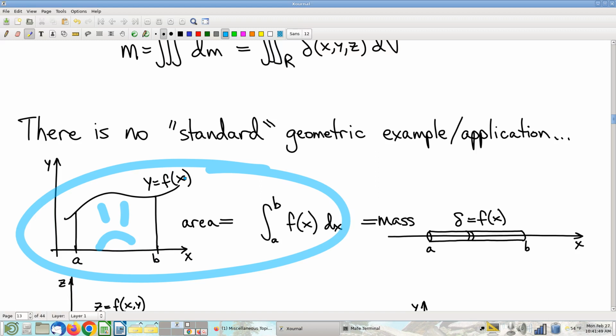It is geometrically satisfying. A lot of good things you can say about the area under a curve metaphor for single variable integrals. I like it in that sense. I do think it's overappreciated. It's to the point that it's kind of a crutch, and students think that fundamentally what an integral is is area under a curve, and that is not true. That is not fundamentally what an integral is.